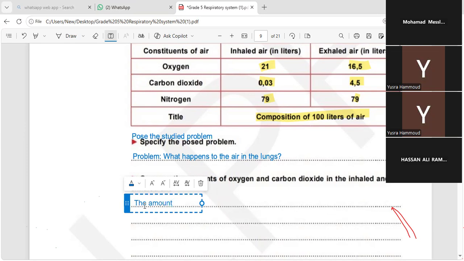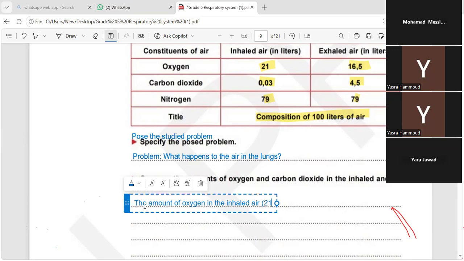The amount of the oxygen inhaled is 21 greater than the exhaled air that is 16.5 liters. Don't forget carbon dioxide.